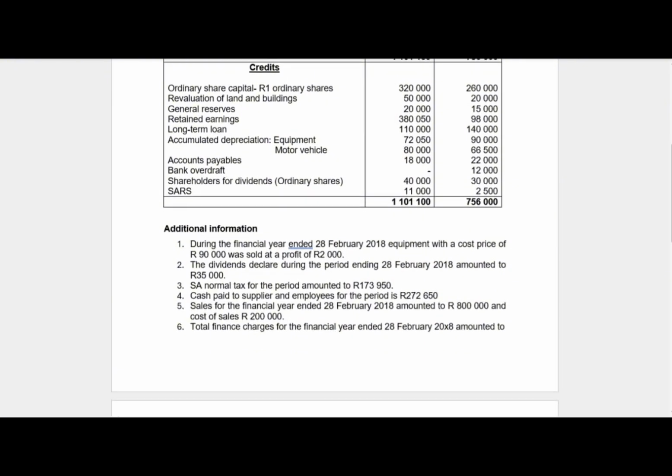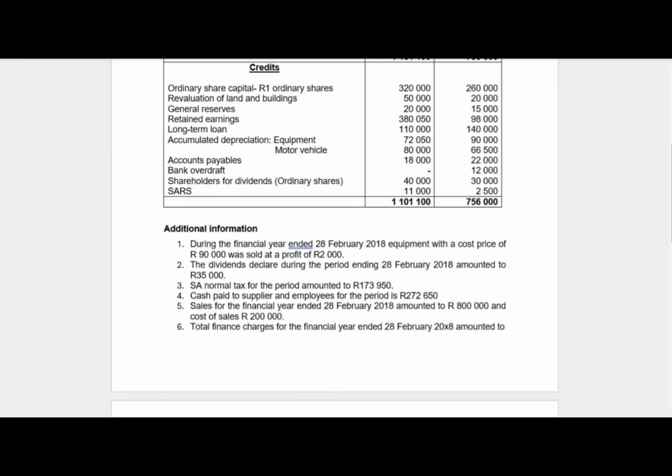Transaction number 1, they say during the financial year ended 28 February 2018 with a cost price of 90,000 was sold at a profit of 2,000. The dividends declared during the period ending 28 February 2018 amounted to 35,000. SA normal tax for the period amounted to 173,950. Cash paid to suppliers and employees for the period is 272,650.